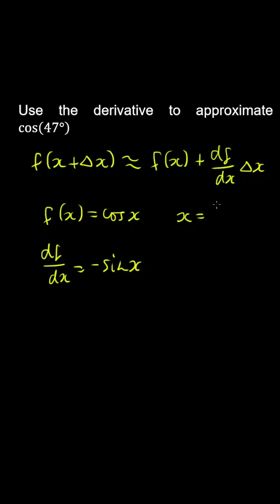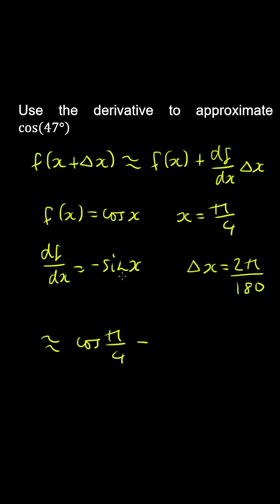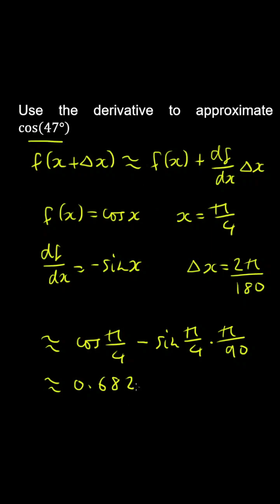If we choose x equal to pi on 4, or 45 degrees, then delta x is equal to 2 degrees by pi on 180 to convert it into radians. Therefore our approximation becomes cosine pi on 4, plus df/dx, which is minus sine pi on 4, multiplied by delta x, which is pi on 90. If you calculate this out, we'll get 0.682. And if you evaluate this using your calculator, you'll get a very close result.